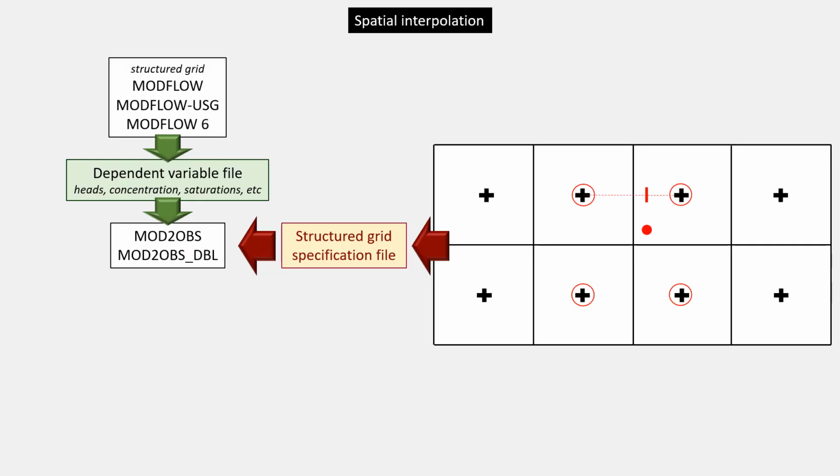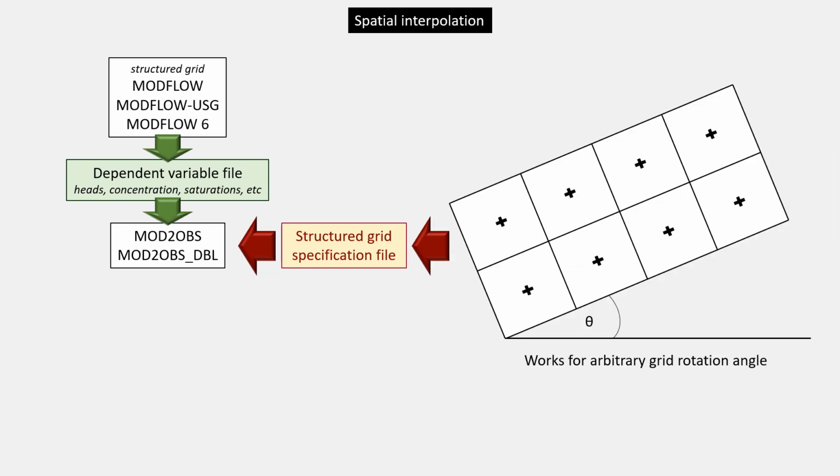It then does linear interpolation along the top, linear interpolation along the bottom, and then linear interpolation in between. That's called bilinear interpolation. Now, it could have done things in the opposite order. It could have done vertical interpolation and then horizontal interpolation. The answer would have been the same. Mod2obs can of course account for the fact that this grid can be oriented at an arbitrary angle to the east-west axis.